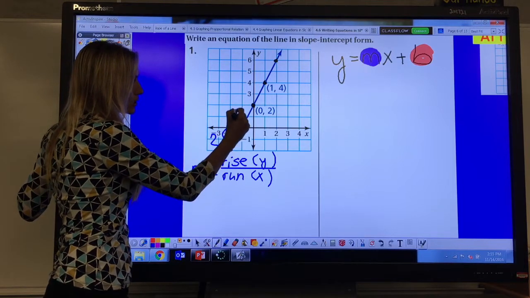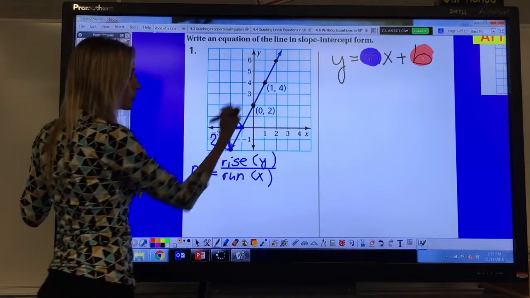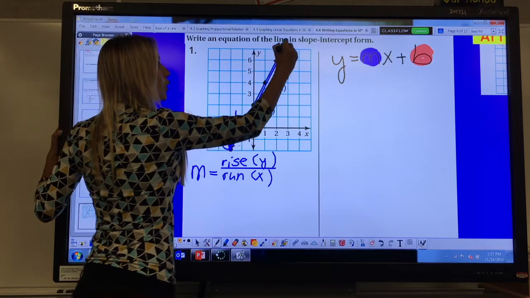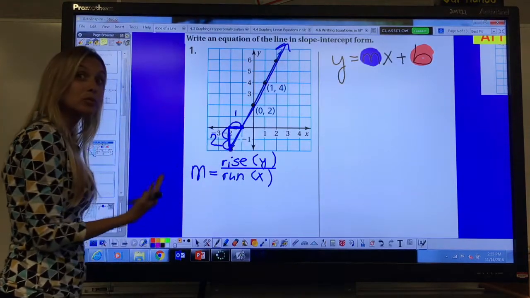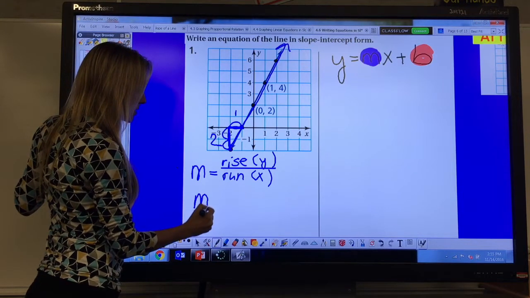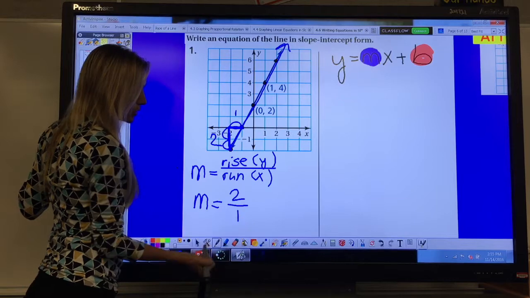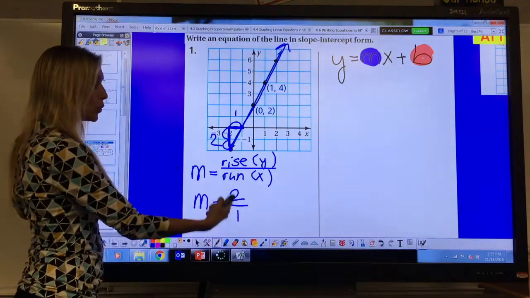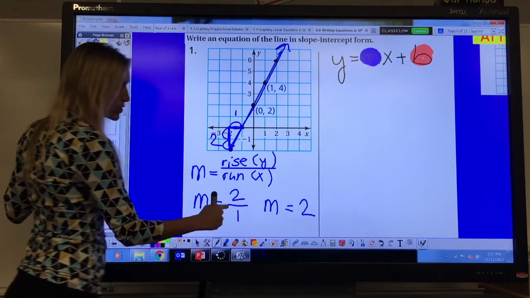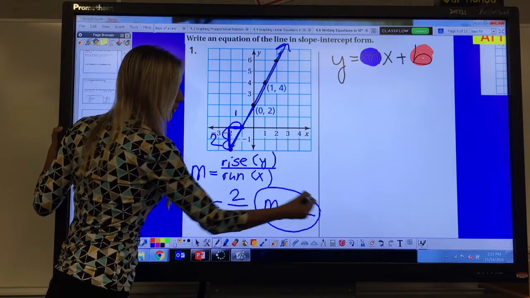My run is 1 unit. If I draw this line from left to right, I'm going up. So my slope is positive because I'm going towards positive numbers. So my slope, rise was 2 units, run was 1 unit. I can write 2 over 1 also as just the number 2, right? A fraction is a division, so 2 divided by 1 is 2. That's my slope.